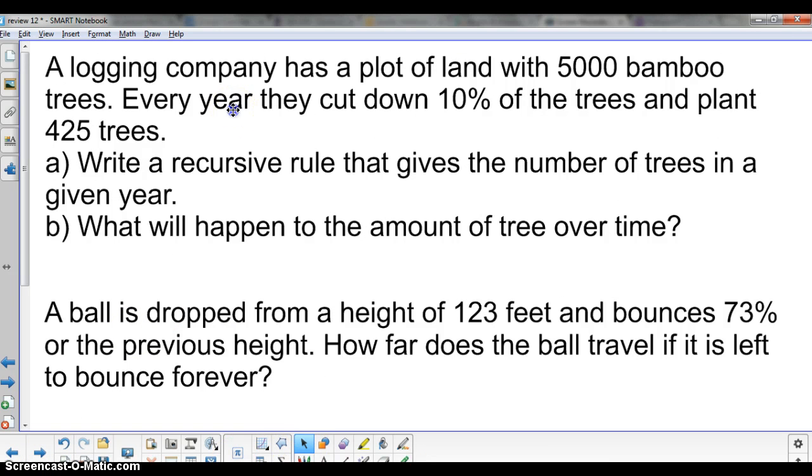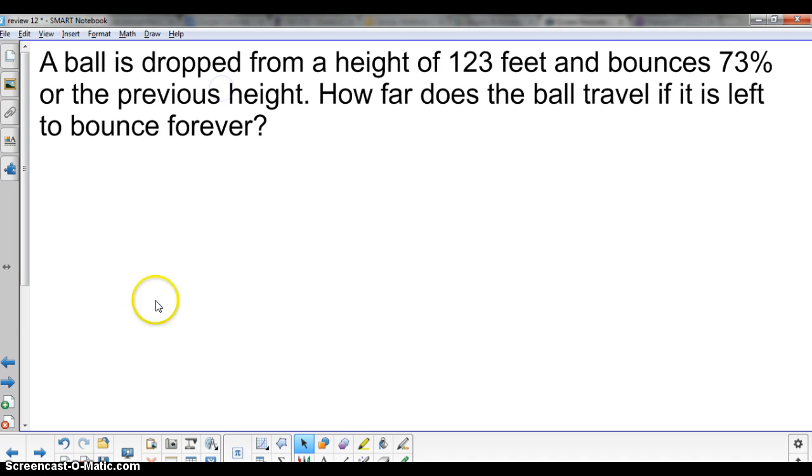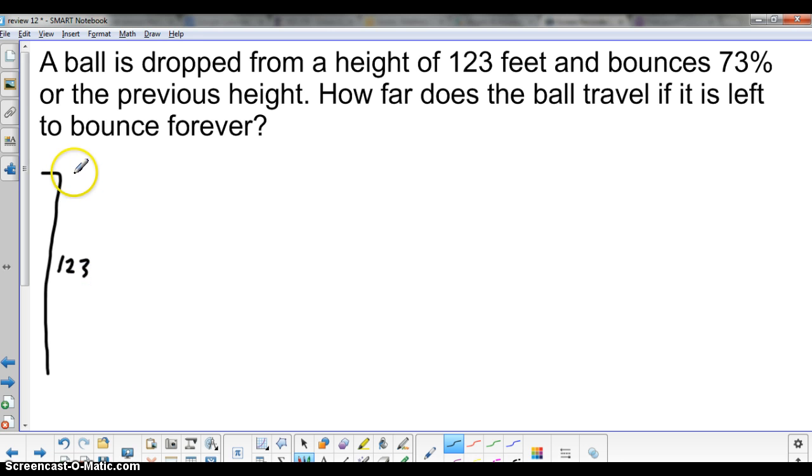The second application question is the ball bouncing, and it's a pretty standard question. It doesn't really change much from time to time, but the numbers might. You've got a ball that's going to be dropped off a building, say. It's going to fall 123 feet down, and then it is going to bounce up, and it only bounces up at 73% of its previous height.